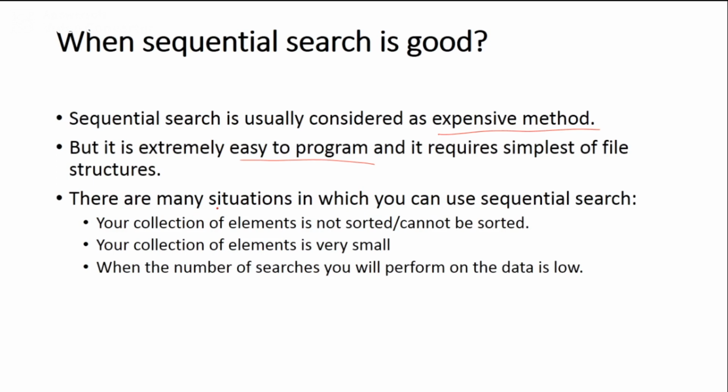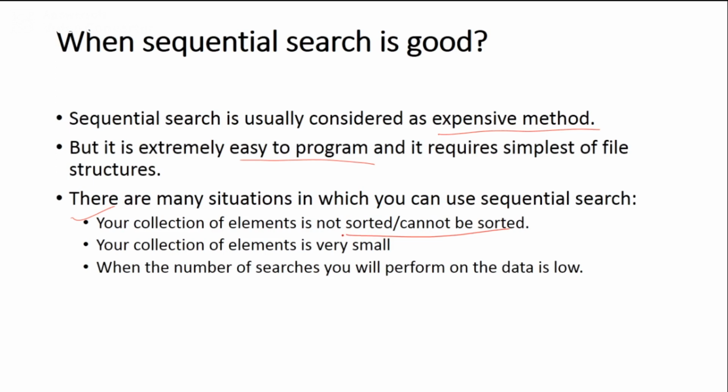There are so many situations in which you can use sequential search. When your collection of elements is not sorted, or cannot be sorted, you can go for sequential search. Because if you go for any other method like binary search, in order to perform the binary search operation, you need to sort the elements.